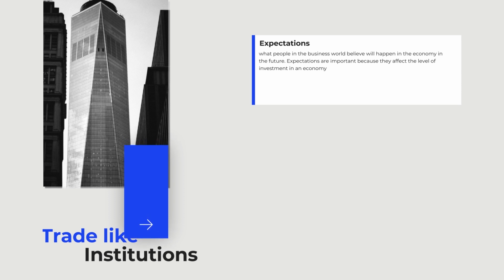So now let's take a look at what those expectations are actually based on. I can go full in depth here, but I can give you the best summary. Market expectations revolve around what the specific central bank of the country is doing. That is the Federal Reserve for the United States, the RBA for Australia, the RBNZ for New Zealand, the Bank of Canada for Canada, and so on.